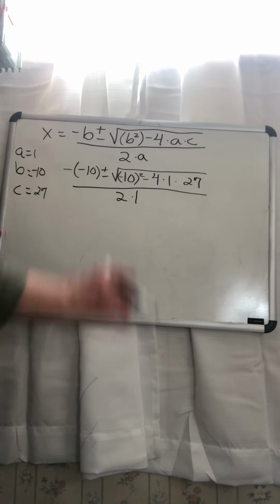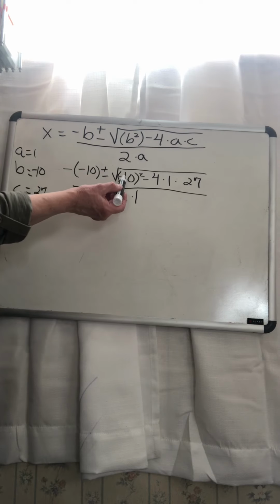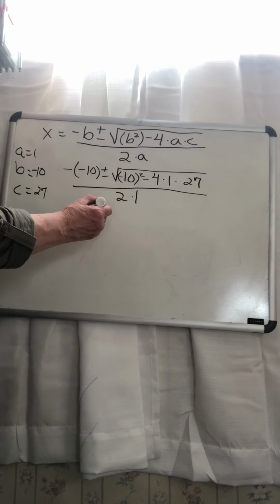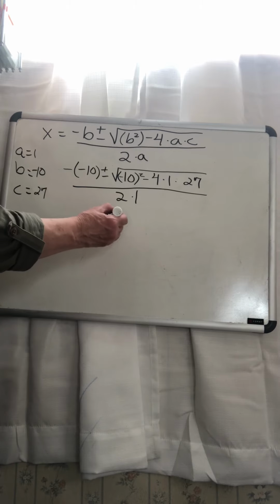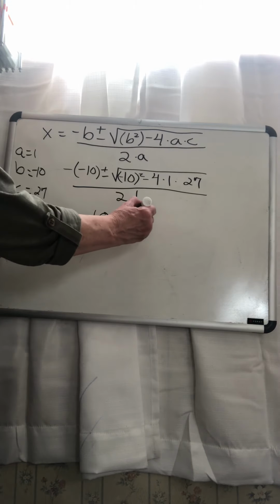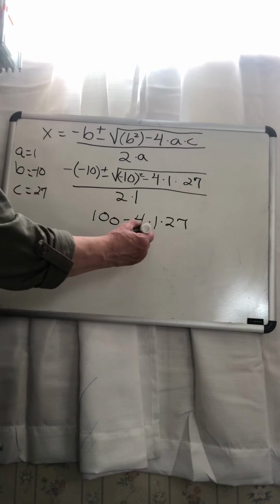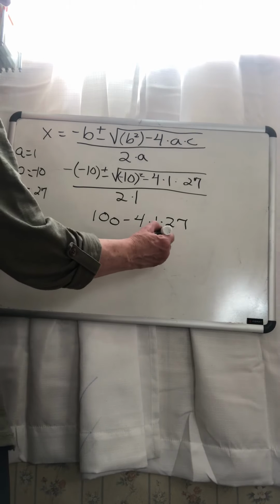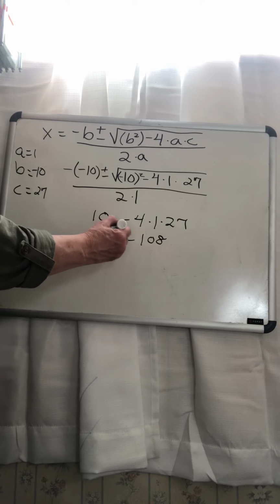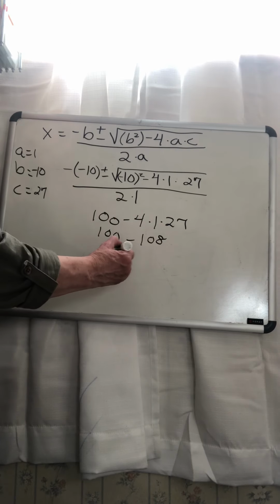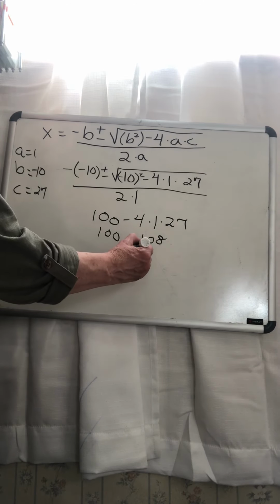Okay, so we have the square root of a negative 10, which is 100. 10 times 10, negative times a negative. Minus 4 times 1 times 27, which does give us a negative 108. So we have 100 minus 108, which gives us a negative 8.